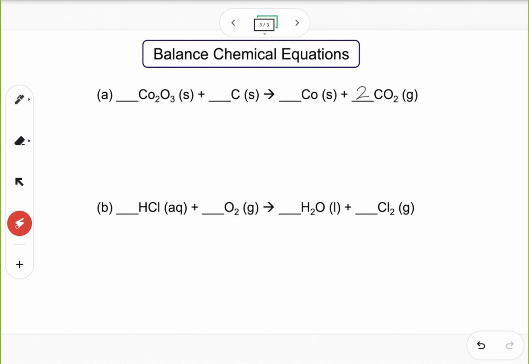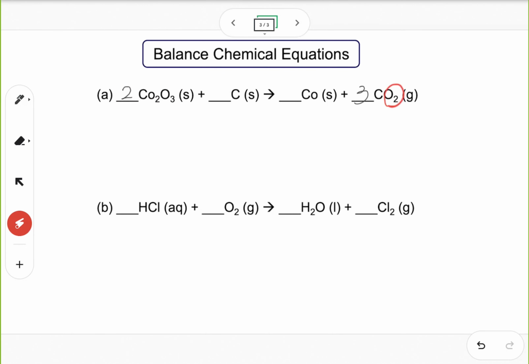So let's erase this and increase it to 3. Now, if this is a 3, then you have 3 times 2, 6 oxygen atoms. You have 3 oxygens in 1 molecule of cobalt oxide, so multiplying by 2 gives a total of 6 oxygens.